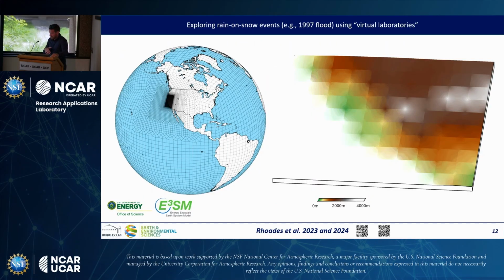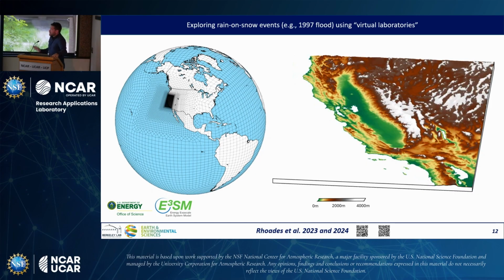Okay, so the reason why we use regionally refined mesh is that we're using an Earth system model like you would a WRF model or a downscaled model, right? But you're doing it internally consistently within the same model. What's really beneficial is that you're getting the synoptic scale conditions and the atmosphere-ocean teleconnection responses all within that same model.